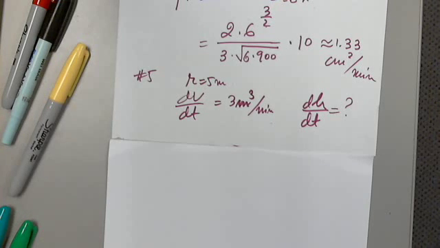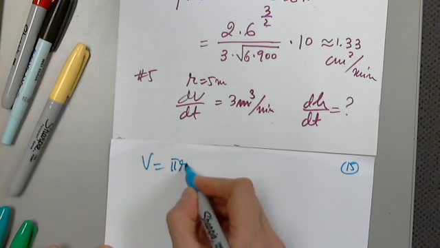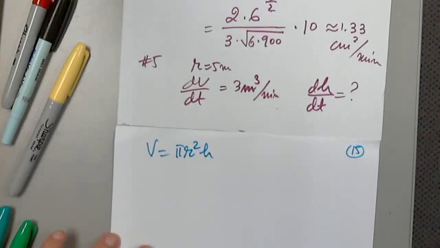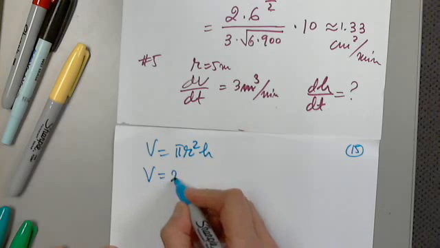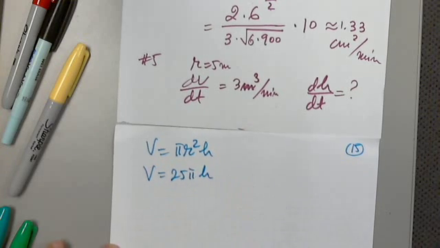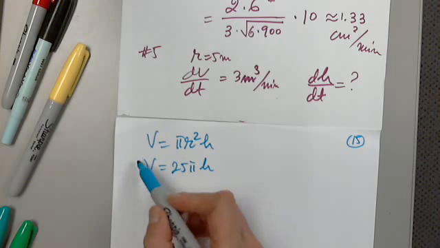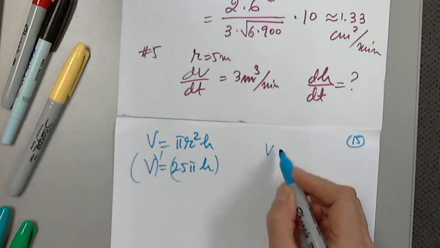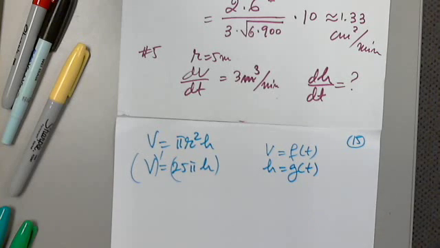So the volume of a cylinder is pi r squared h. The radius is given to us, so V equals 25 pi h. We differentiate, knowing that V is a function of time, h is another function of time.